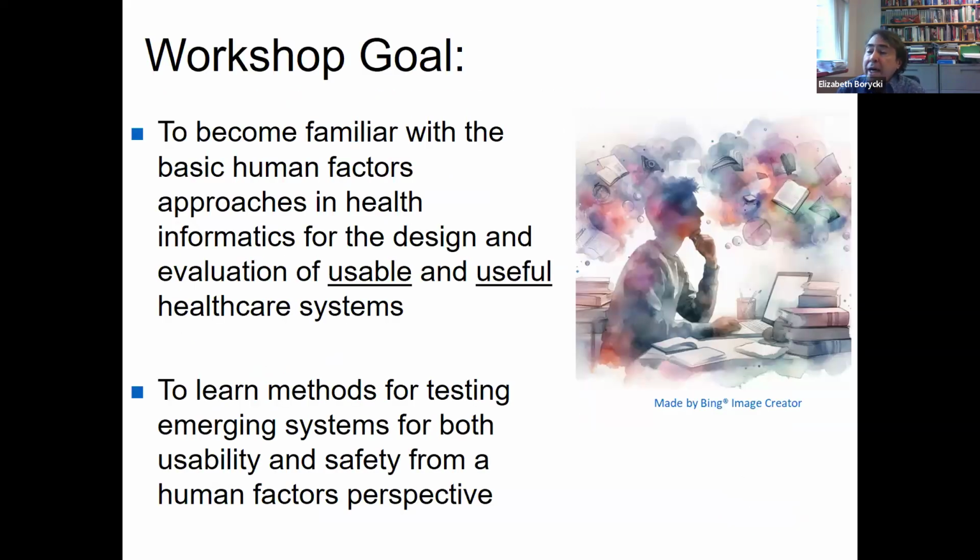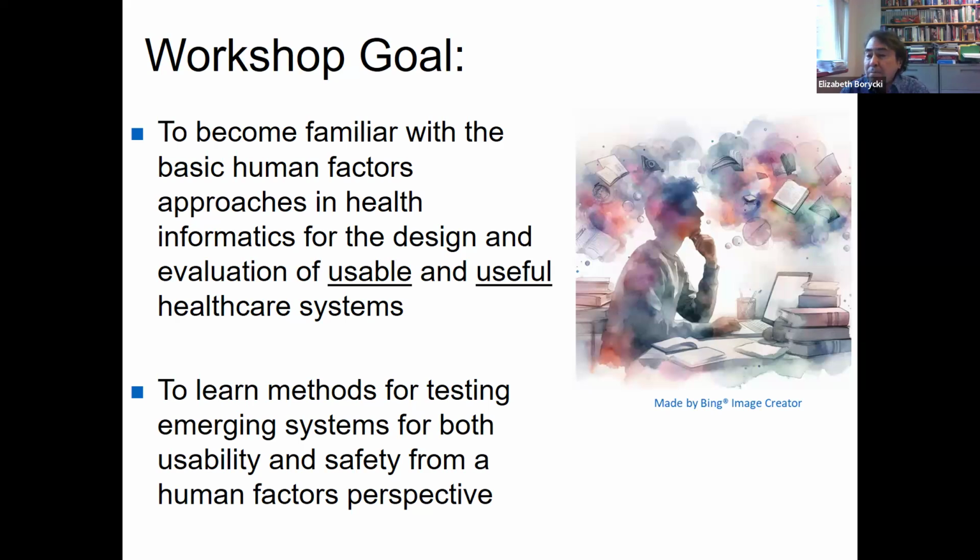So the goal today is to become familiar with the basic human factors approaches or building blocks in health informatics for design and evaluation of systems and applications that are both usable and useful. You need both usability and usefulness for a system to be adopted.